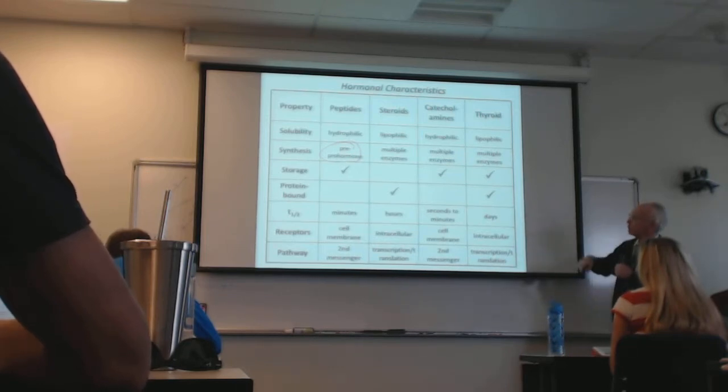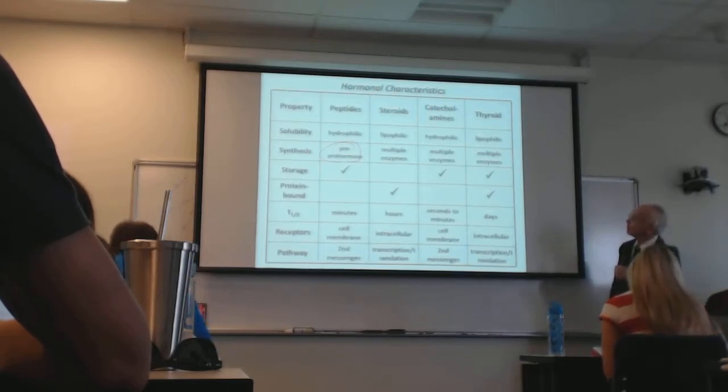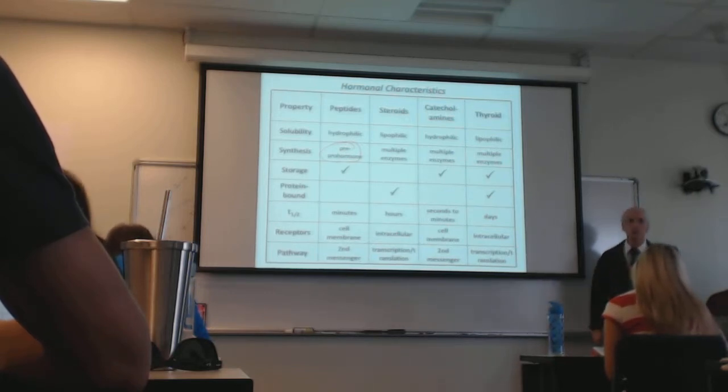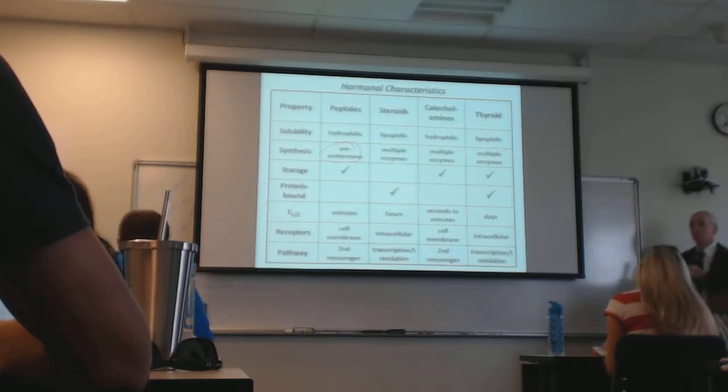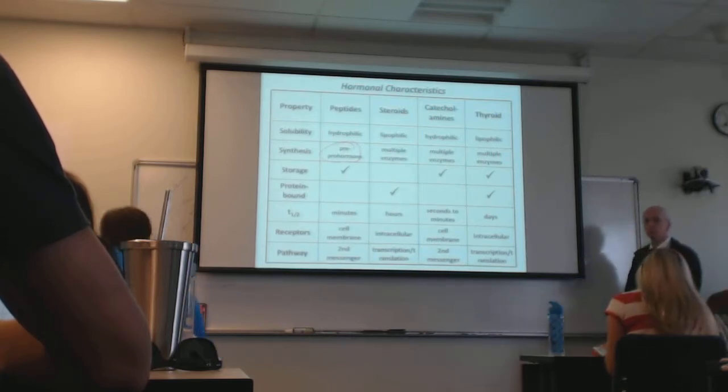Now, with respect to this storage thing, it says the peptides can be stored, catecholamines can be stored, steroids cannot. Why is that? Why don't I have a check mark by the steroids for storage? We've actually talked about this before.